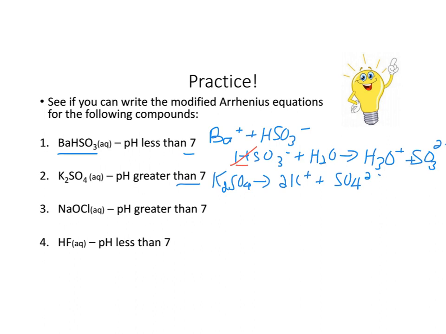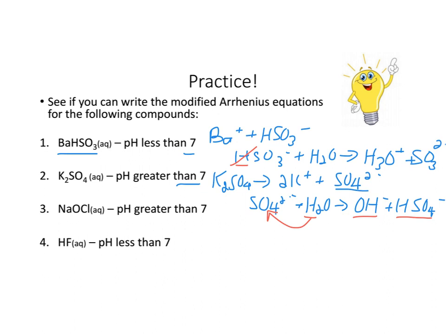Then we take our anion, in this case SO4 2 minus, and react it with water, H2O, to produce hydroxide. And what else is left after we make hydroxide? Well, we have HSO4 minus. Once we remove one of the H from water and transfer it to SO4 2 minus, you have hydroxide left and HSO4 minus.